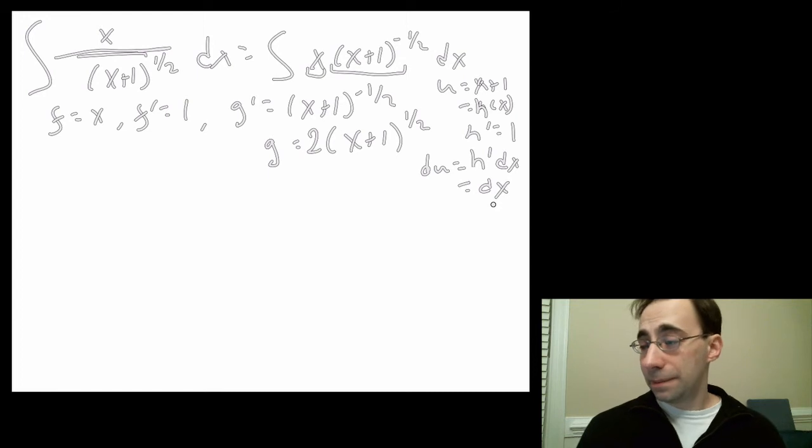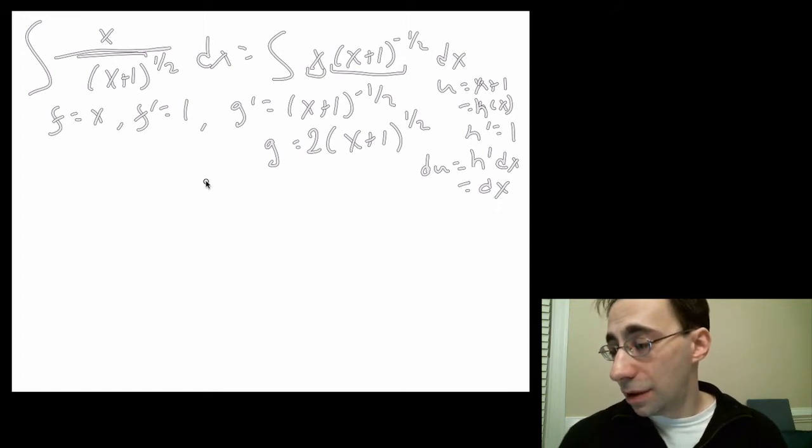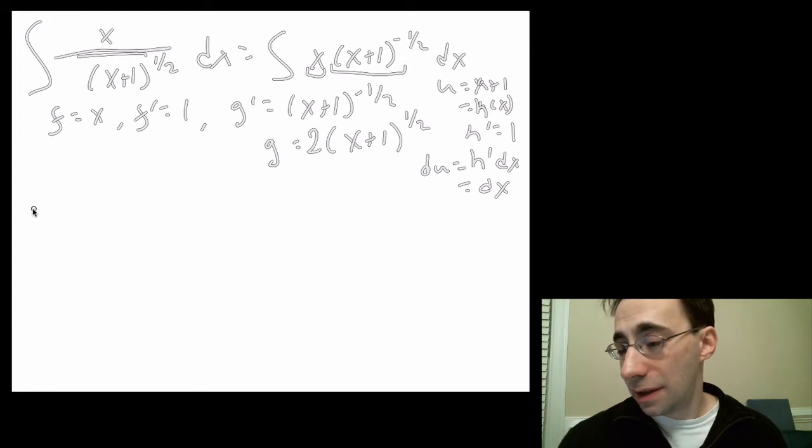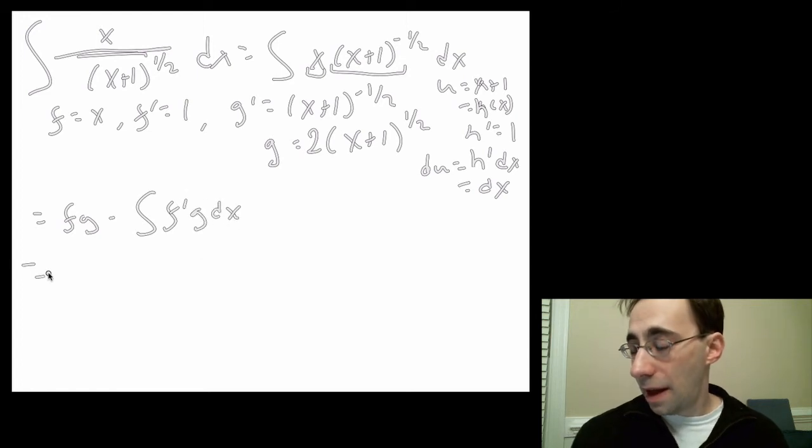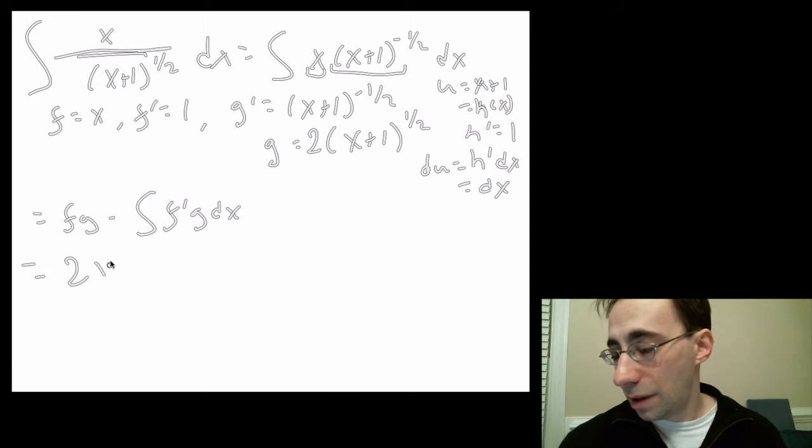Now we go back, and we have to integrate this thing. So by parts says this integral is equal to f times g minus the integral of f prime g dx. fg is 2x times (x plus 1) to the 1/2.